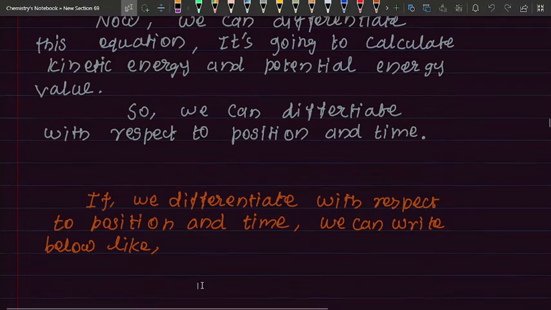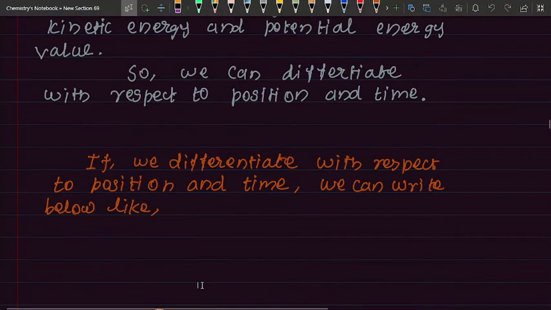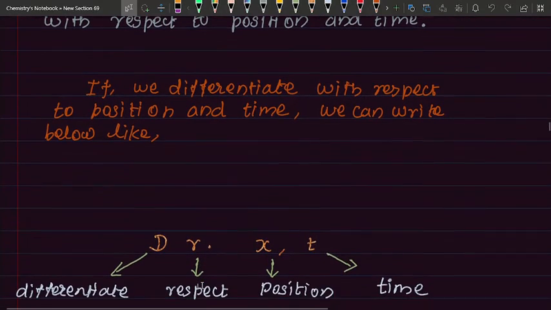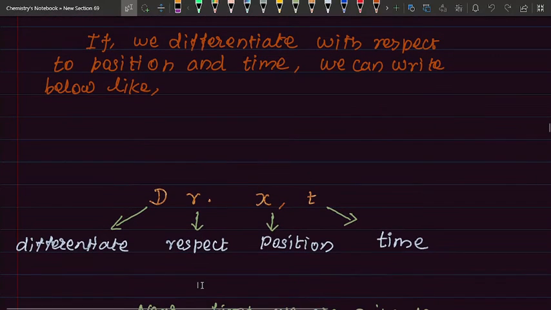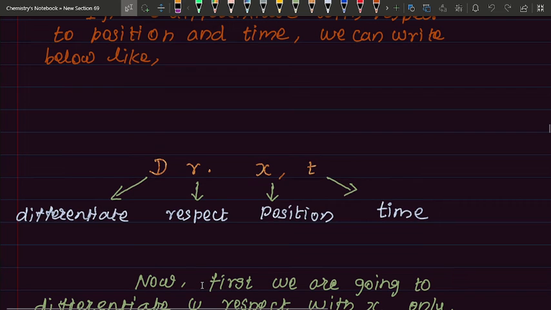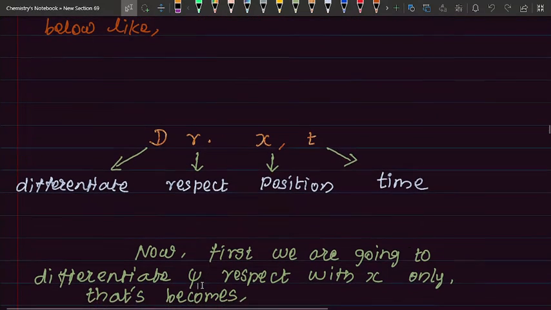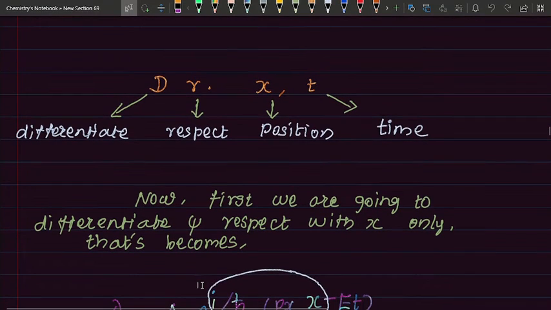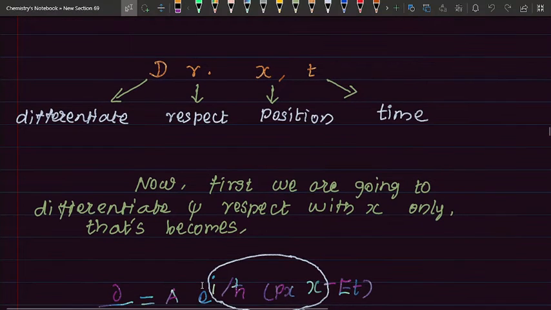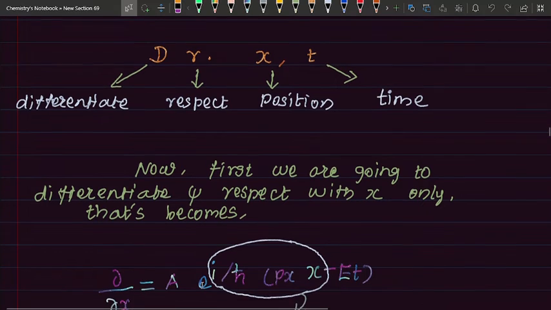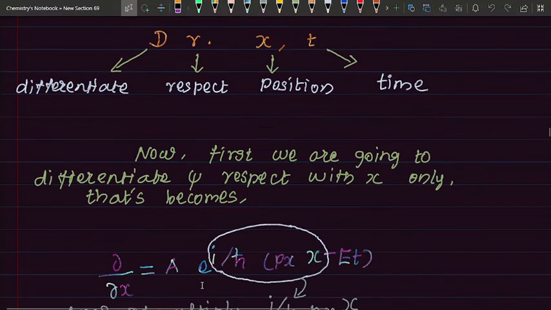Here the partial derivative is with respect to x, the position, and t, the time. First we differentiate the wave function psi with respect to the x direction only.